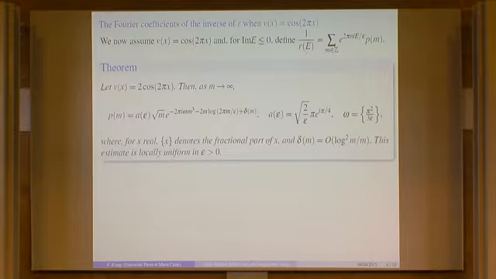For the cosine, it is well known that minus Laplacian plus V has infinitely many bands. Take V to be the cosine now, and look at what's happening for m large: the m-th Fourier coefficient, or rather its logarithm, is asymptotic to some constant times the square root of m times this exponential, minus 2 pi i omega m cubed.